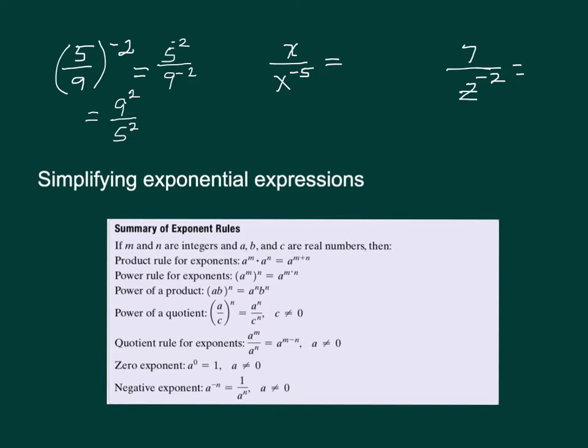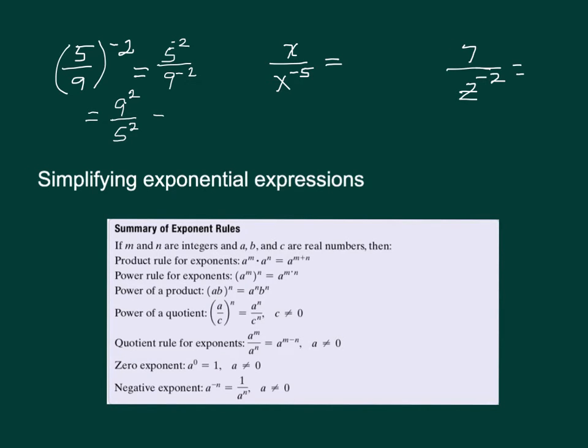So notice what happened. The fraction inside the parentheses, the two terms in those fractions actually flip locations, and the exponents changed from negative to positive.